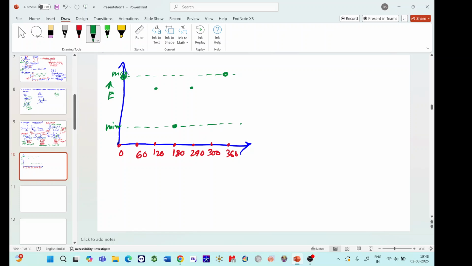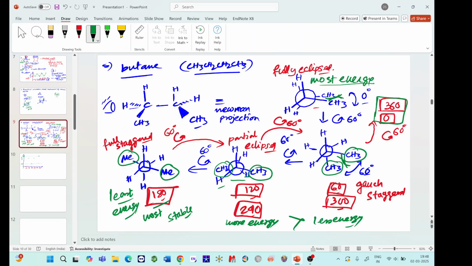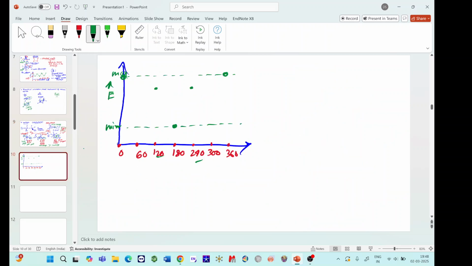Okay. Now you can check this 120 and 240-degree. So these are partially eclipsed. So they are having more energy than the gauche. So gauche is at 60 and 300. So it will be something like this.